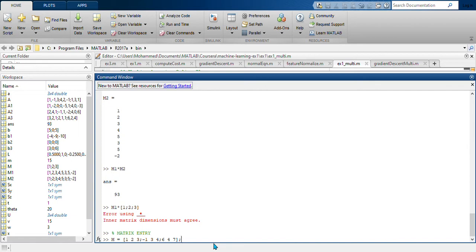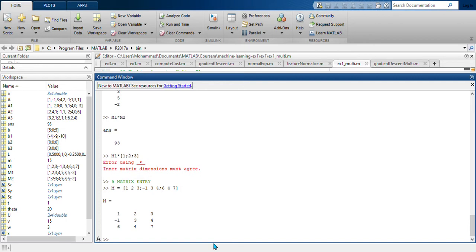But we want to see it on the screen, so we will remove the semicolon and hit enter. And you see we have this matrix which has 1, 2, 3 in the first row, -1, 3, and 4 in the second row, and 6, 4, 7 in the third row.